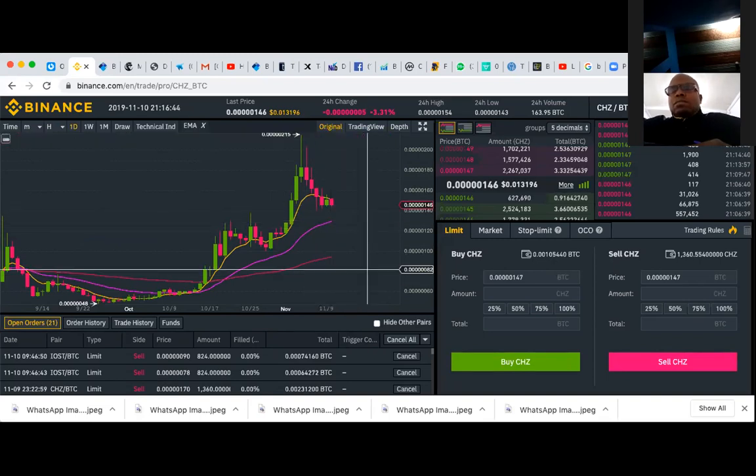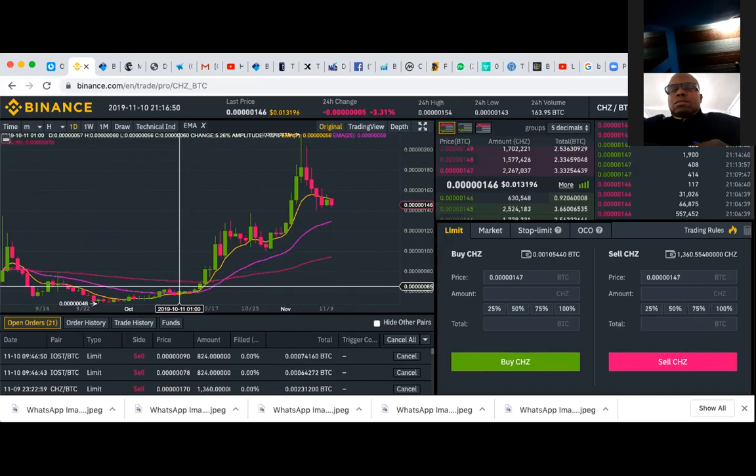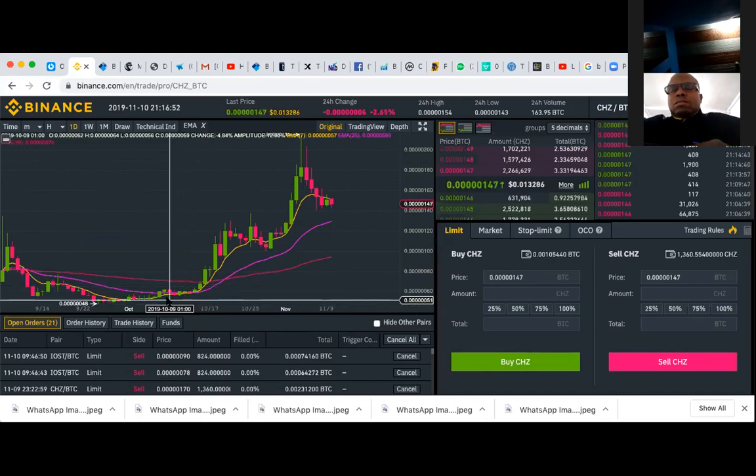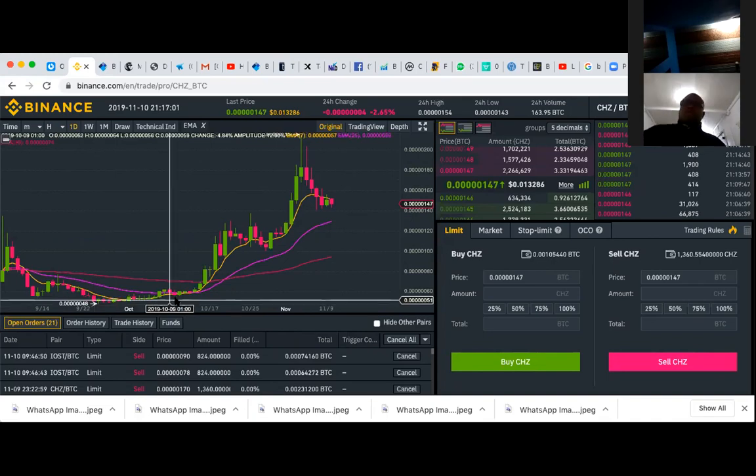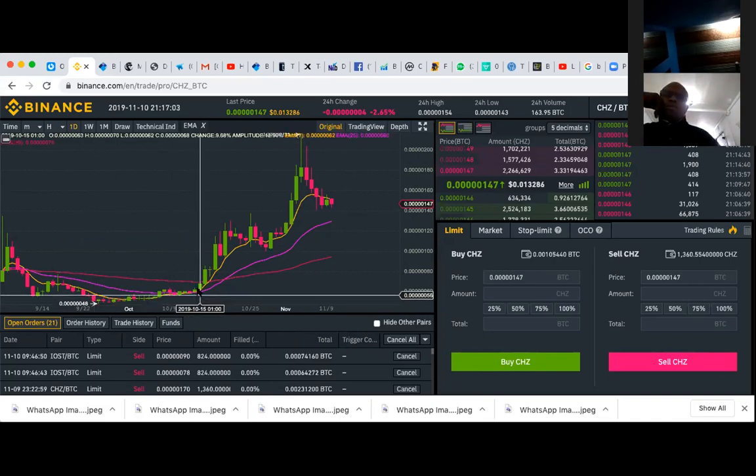Right now, this market, for several days back, and even since last month, this is the month of October, look at it down here. Then look at the month of September, look at the month of October, the beginning of October, the market was at about 61 Satoshi.